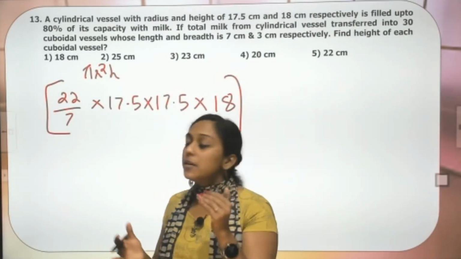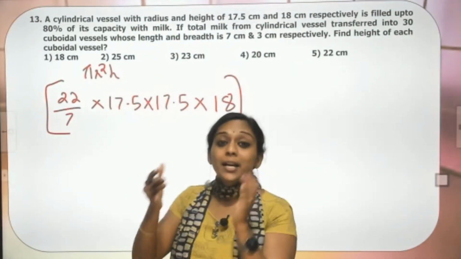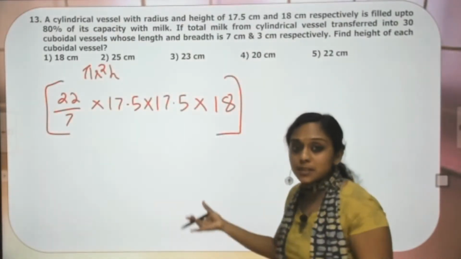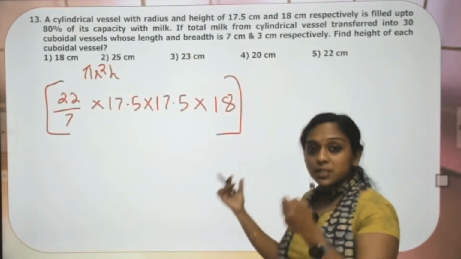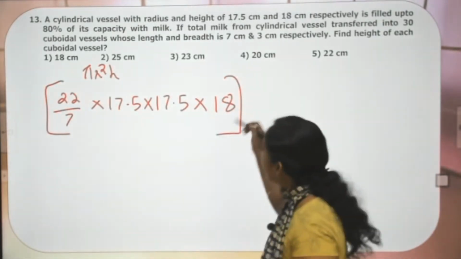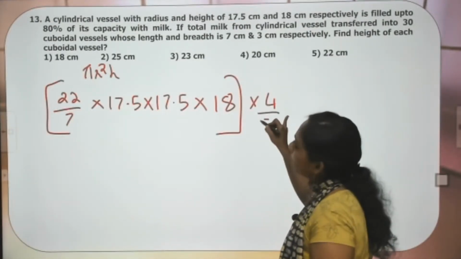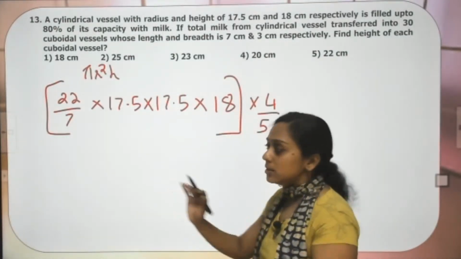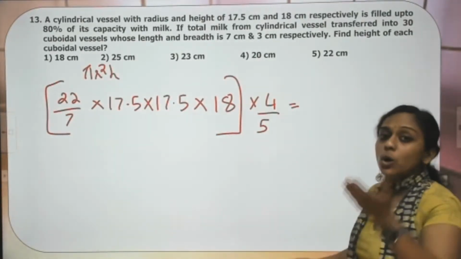No, it is only filled till 80% of its capacity. So you have to take only 80% of this volume, and 80% is actually 4/5. So into 4/5. This is the volume of milk in the cylindrical vessel, which is equal to the volume of the cuboids.